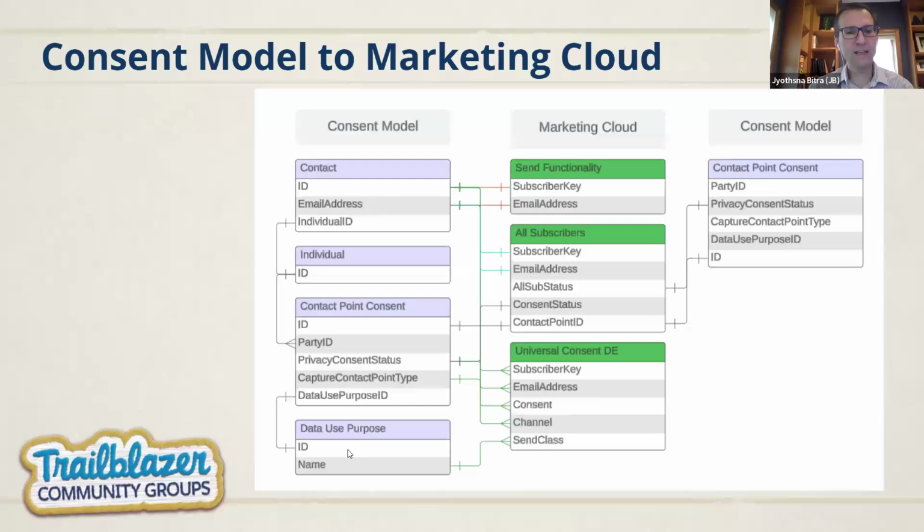And then data use purpose can be used to designate different types of communication, like opting in for marketing communication, or say transactional communication, or a different type altogether. So, a relatively straightforward use case of the consent model.